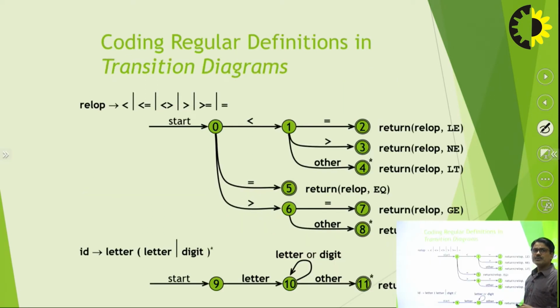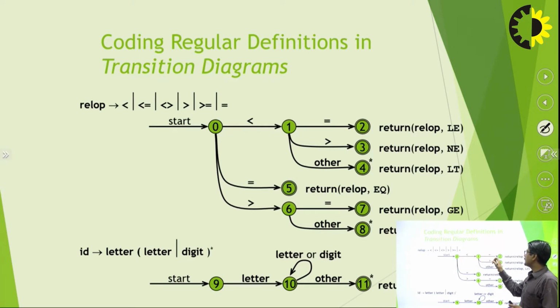Now, how can you use the transition diagram? It is very important because we generate the transition diagram for building the lexical analyzer. The transition diagram is the best flow diagram for designing lexical analysis. For example, if you are designing the transition diagram for relational operator, it starts at state 0, then less than is accepted in state 1, because less than does not come alone, then equals to leads to state 2. So three conditions are there.